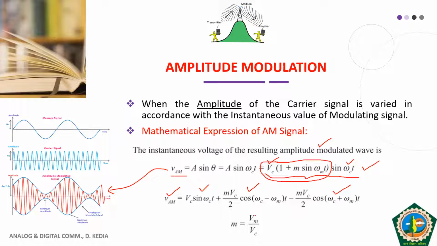This is nothing but the same expression as the above one, but by looking at it, we find that in the expression of amplitude modulation, three frequencies are present. One is the carrier frequency, another is the lower sideband, and another is the upper sideband. I had also talked about m, which is equal to Vm by Vc.